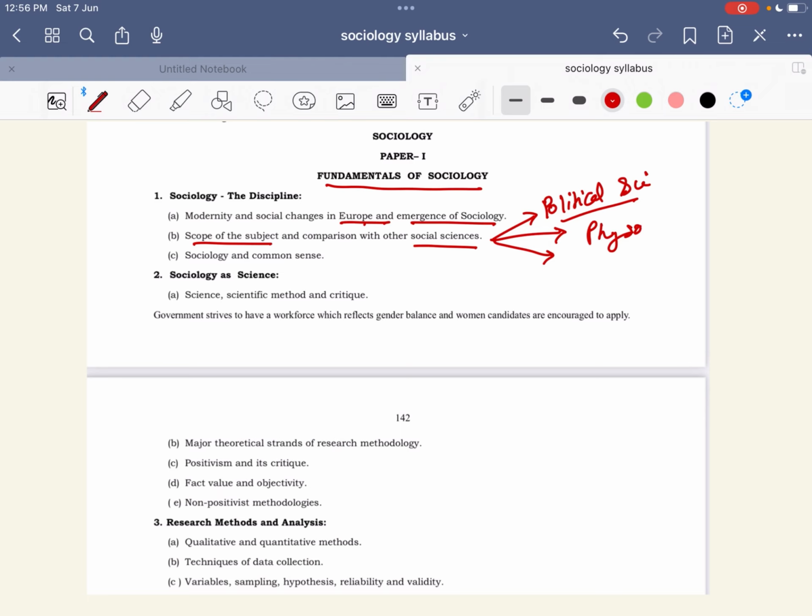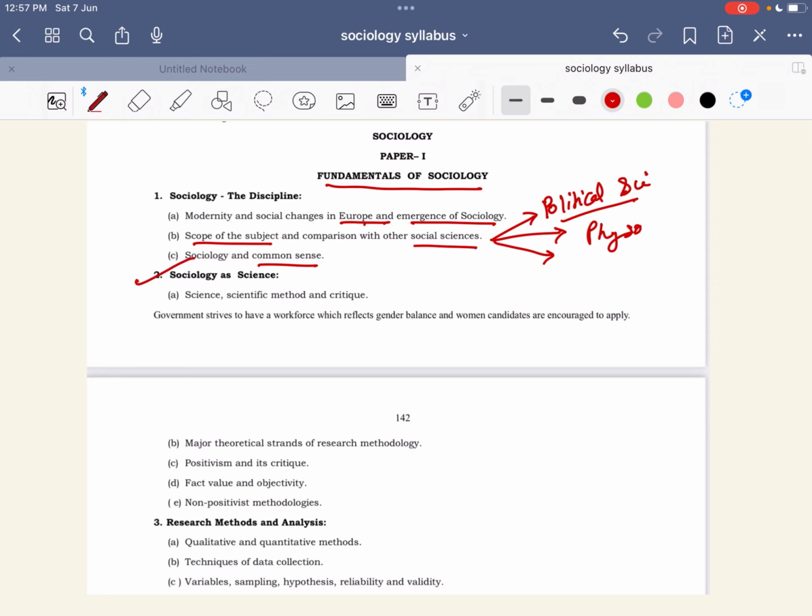Sociology is the mother of all subjects, because ultimately society is the reason, and all those things which are there emerge from society only. So sociology is nothing but the study of society, and because of that sociology is the mother of all subjects. And then there is sociology and common sense.